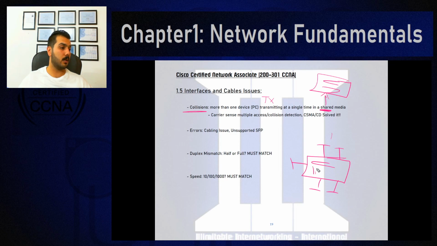Hubs connect more than a single device at a time. They look and function almost like a switch, but there is a big difference, which we will discuss in upcoming lectures. Here we have PC 1, 2, 3, 4, and 5.